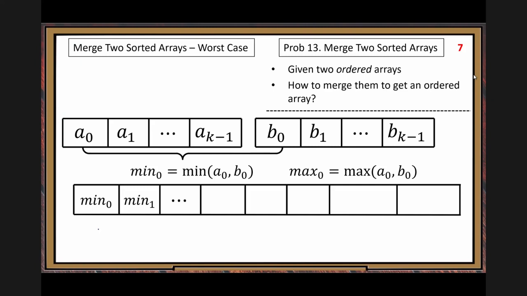Why do I say that after one comparison, we can do something better? Suppose there is a Bi somewhere in the middle.